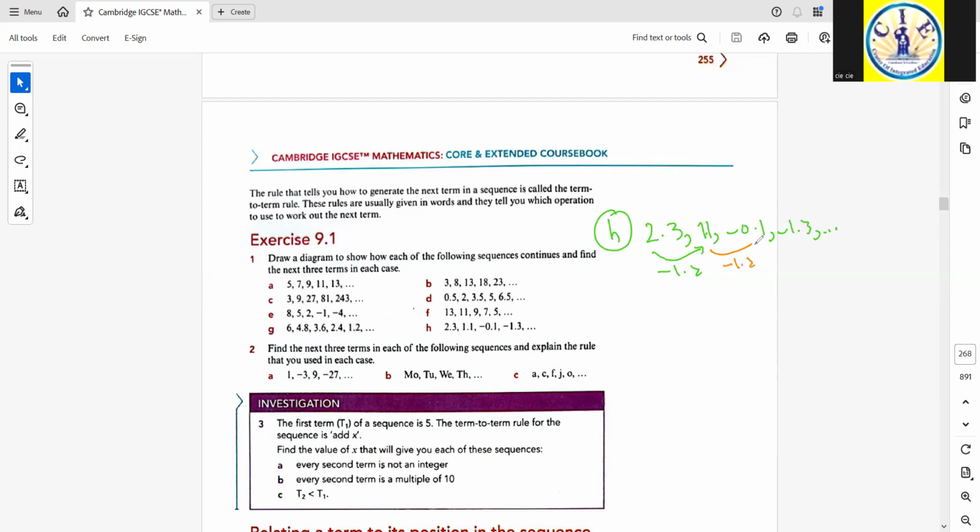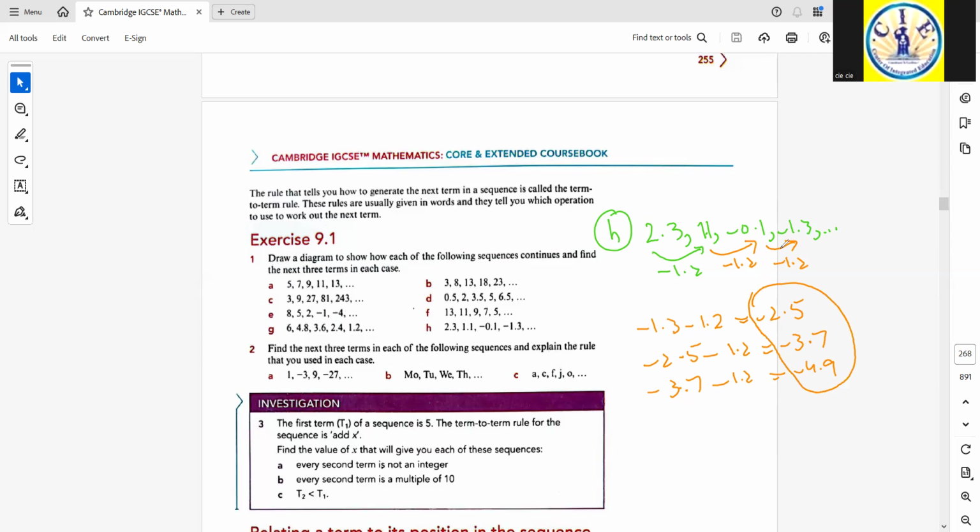Again, by subtracting 1.2, and again by subtracting 1.2. So after negative 1.3, by subtracting 1.2, we get negative 2.5, and then negative 2.5 minus 1.2, that will give us negative 3.7, and negative 3.7 minus 1.2, that will give us negative 4.9. So these are the next three terms of the sequence.